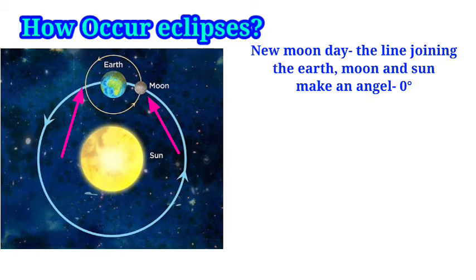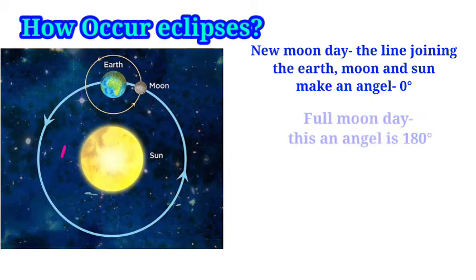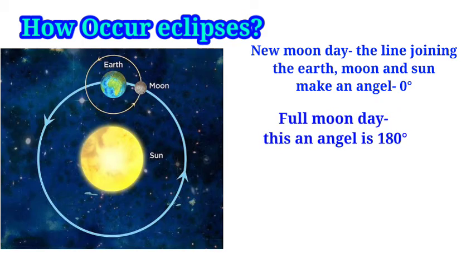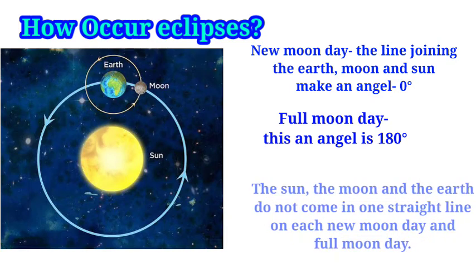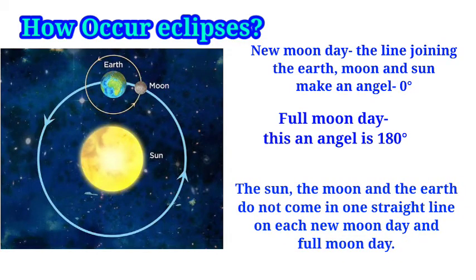Whereas on each full moon day, this angle is 180 degrees. Even so, the sun, the earth and the moon may not be in one straight line in the same plane on every new moon day and every full moon day. Hence, eclipses do not occur on each new moon day and each full moon day. So, got it everyone?